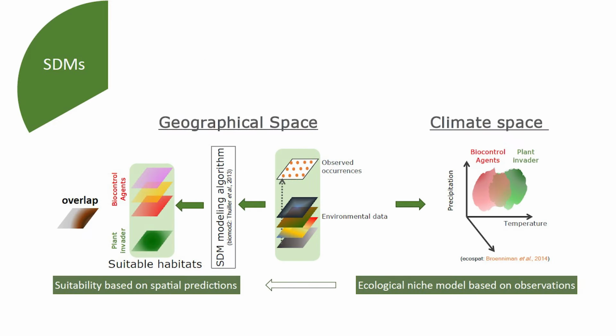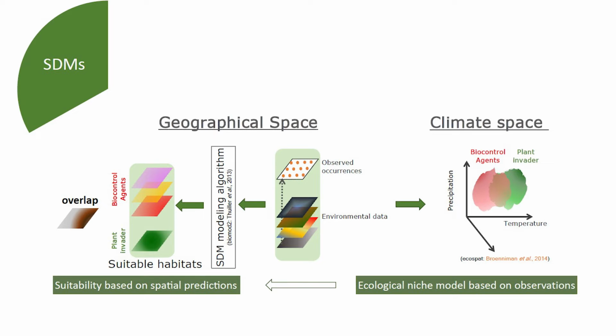For a species distribution model, very briefly, this is basically based on observation, the occurrences, which are usually presence data. If you have absence data, that would be great, but that's not a very common situation.